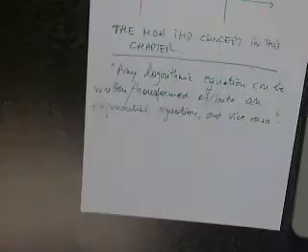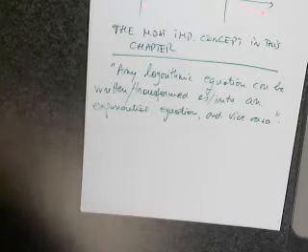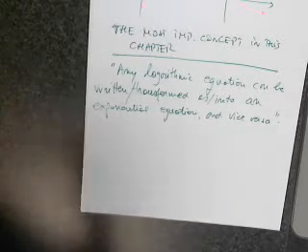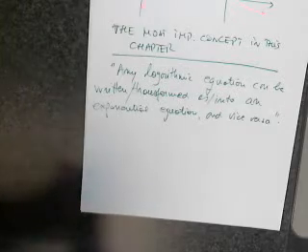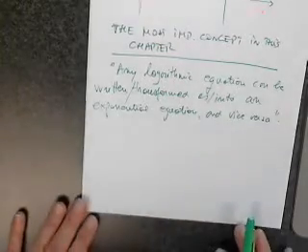This is the most important concept in this chapter. Any log equation can be written as or transformed into an exponential equation, and vice versa. So this is in English.